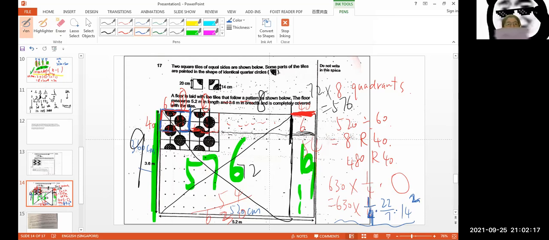Please double check. 14 squared, because pi r squared, because the radius is 14. The answer is 97020. Does it make sense?